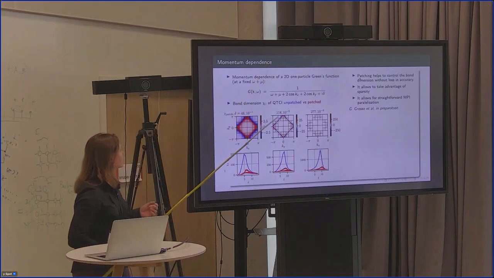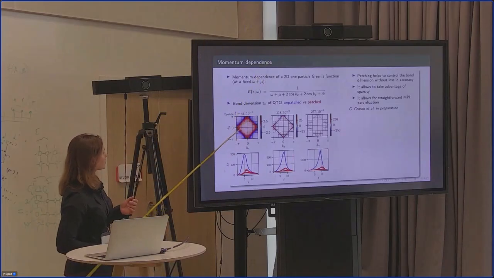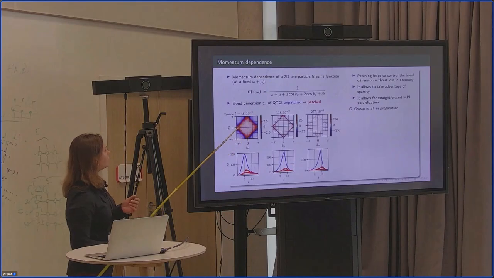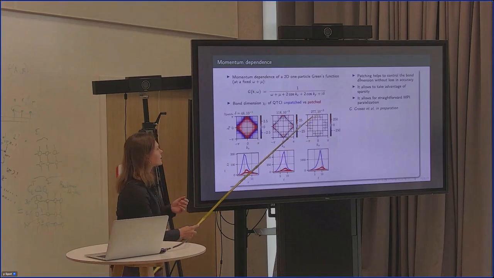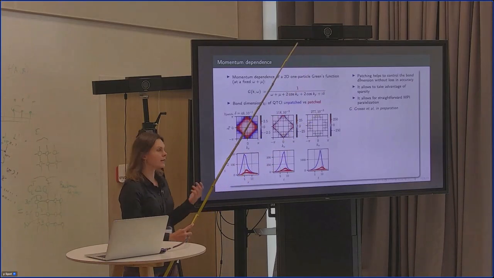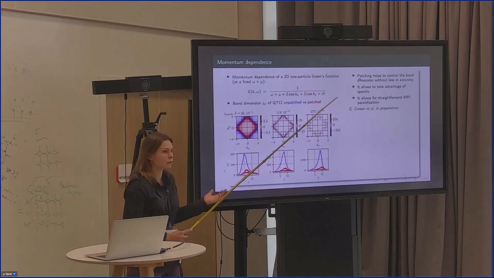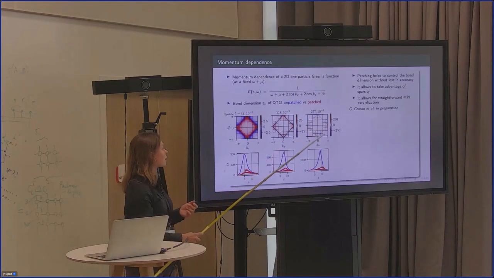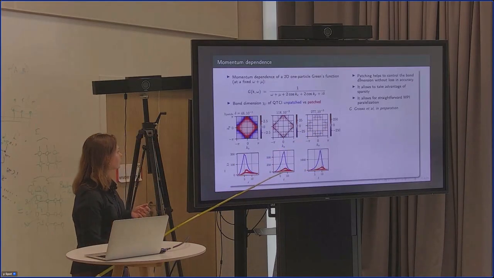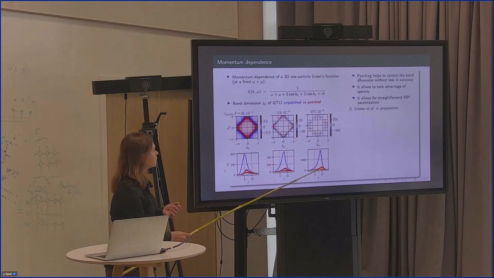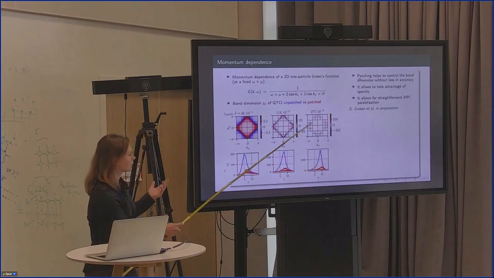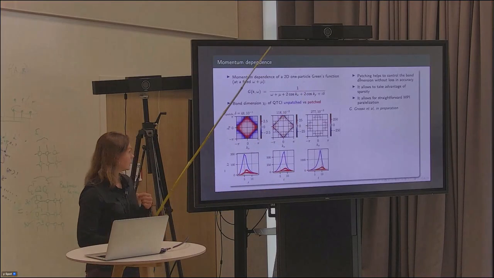So this Green's function, this is the real part of the Green's function, has only some important behavior in selected regions of the Brillouin zone. The rest is basically smooth, trivial, so it doesn't really need those large bond dimensions, right? The lower red curves are for the patches that are practically boring, and the upper red curves are for the more interesting patches.